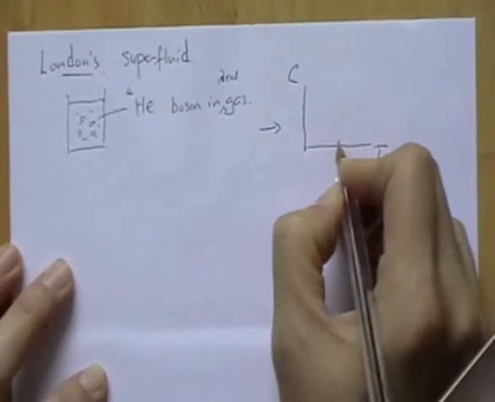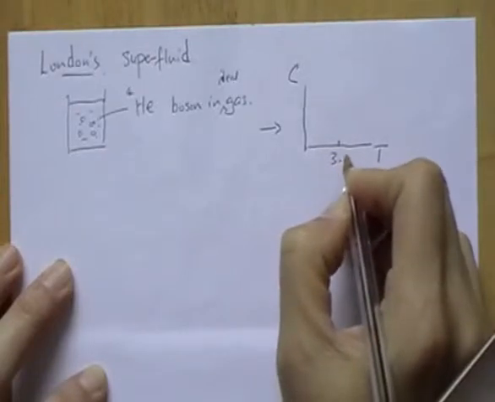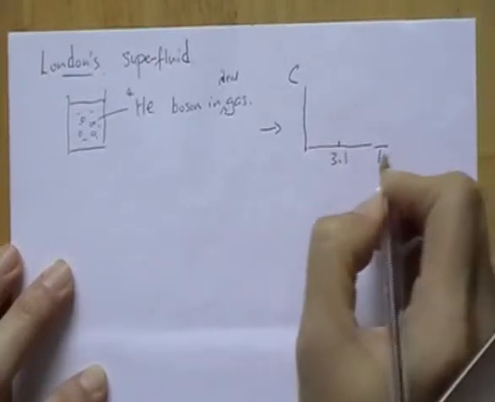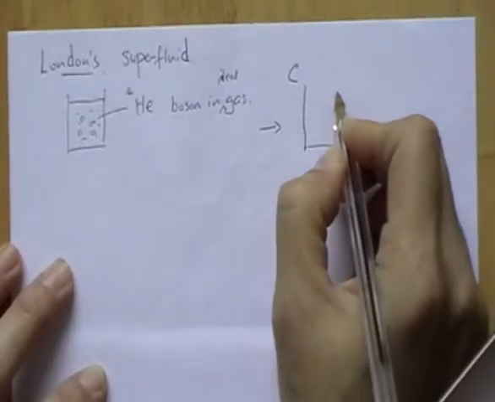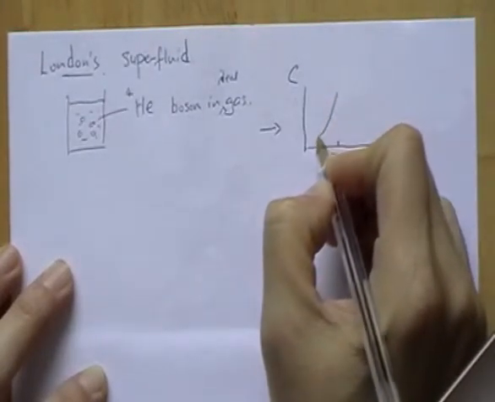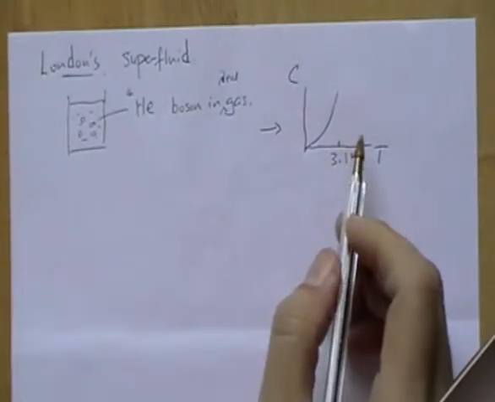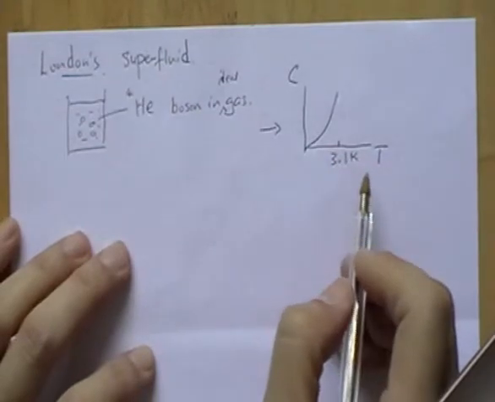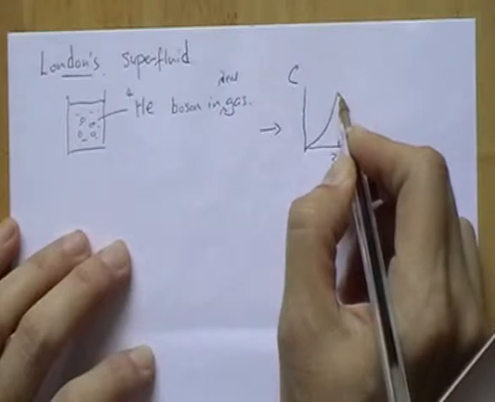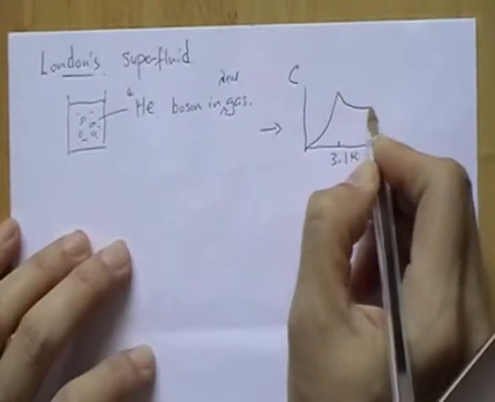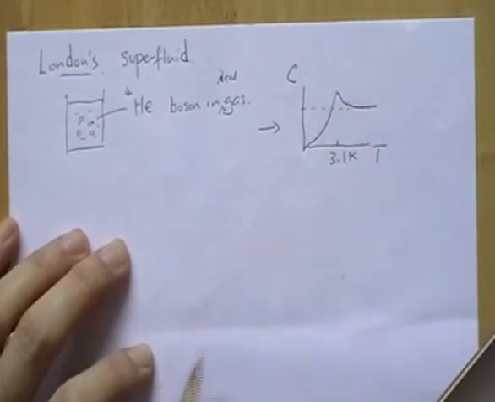Below about 3.1 Kelvin, it comes down to 0 with a curve, and above 3.1 Kelvin it comes down as well and tends to the value for the ideal gas.